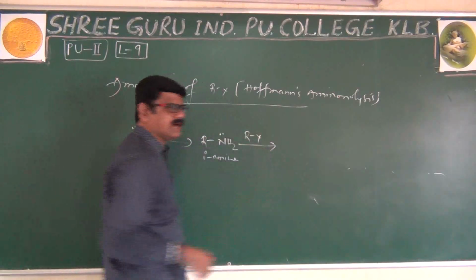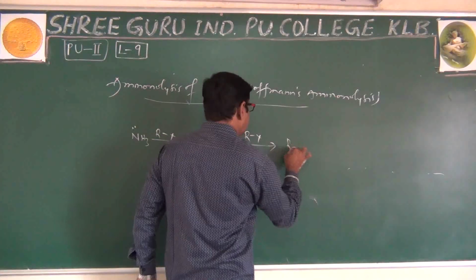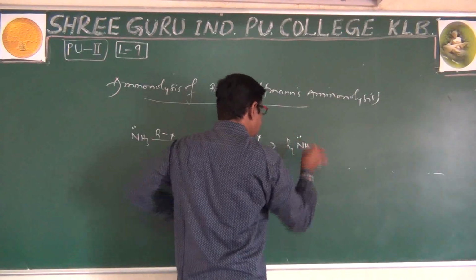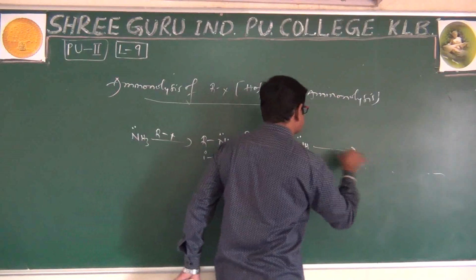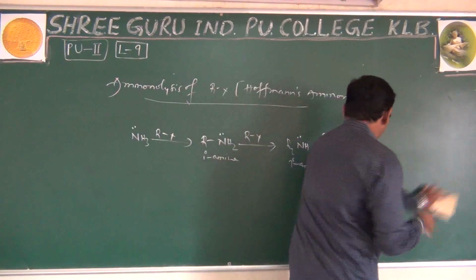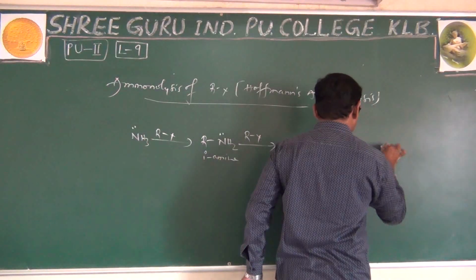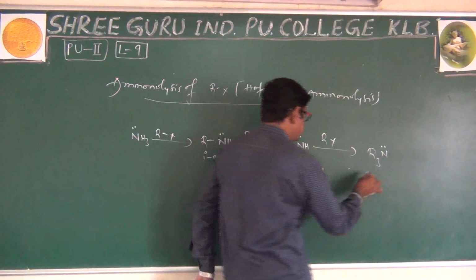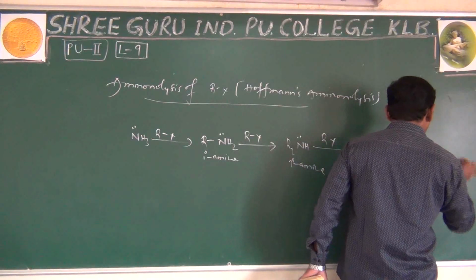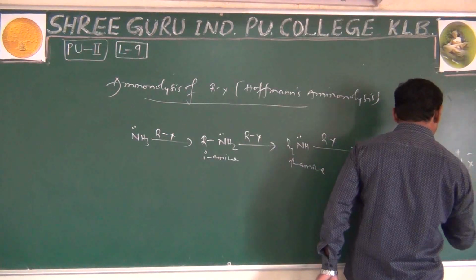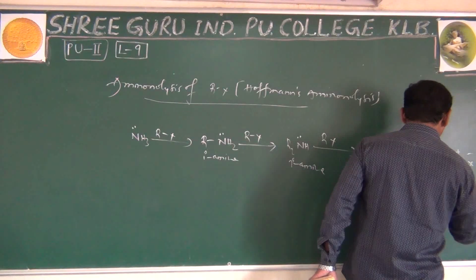Because we have taken excess alkyl halide, we get secondary amine, R2NH. This secondary amine reacts with another alkyl halide and we get a tertiary amine. This tertiary amine reacts with another alkyl halide. We get R4N+ X-, a quaternary salt.